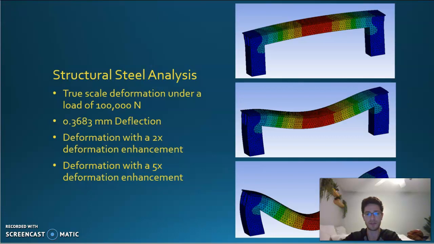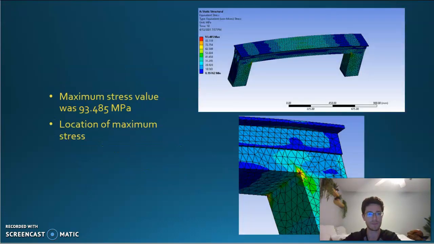However, as you can see on the deformation with a 2x deformation enhancement and a 5x, that's usually what you would expect from a hard frontal collision in a metal bar.